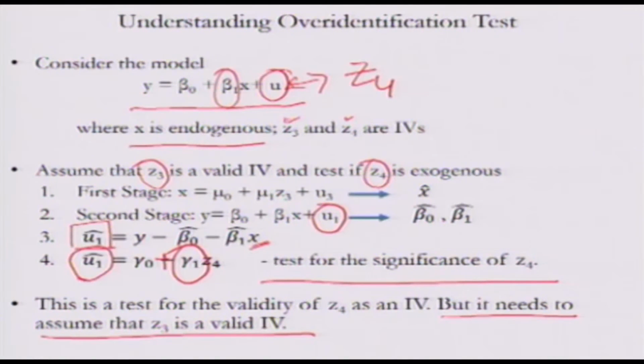Now what does this mean? It means that you can never be sure whether your starting assumption is a correct assumption to start with. Only on the basis of the idea that your starting assumption that Z3 is valid is correct can you say anything about the rest of the IVs.